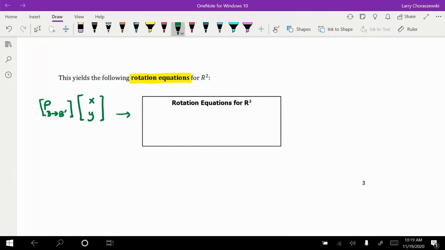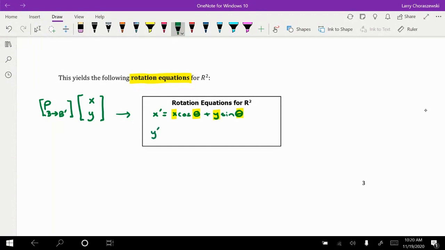And in doing so, you get formulas for both x prime and y prime. The formula for x prime goes like this: x cosine theta plus y sine theta. Okay, so you'll need to know the angle theta, and also you'll need to be provided the original x and y coordinates to get x prime.